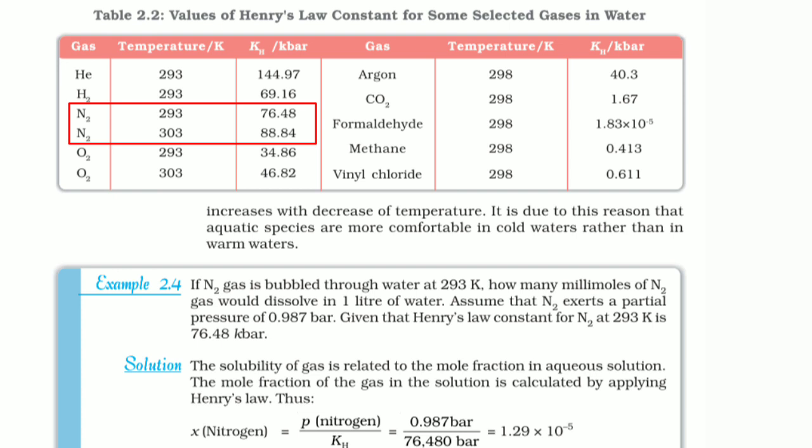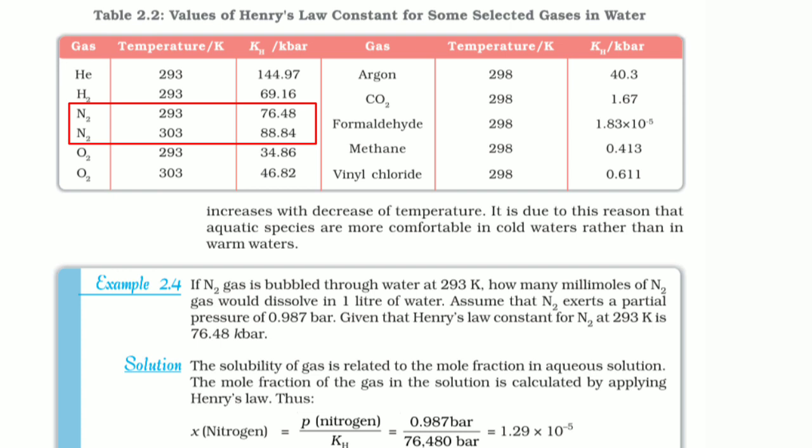That means when the temperature increases, the kh value also increases. So an increment of the temperature will decrease the solubility of that gas, because when the temperature increases, the kh value increases.